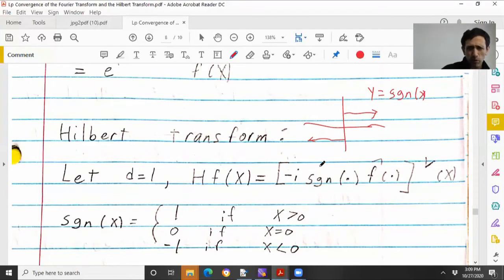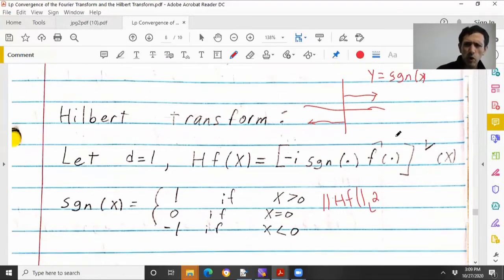So one thing important to notice is that, well, let's figure out what the L2 norm of Hf is. Well, by Fourier isometry, that's just going to be the L2 norm of minus i sgn(x) f hat of x.